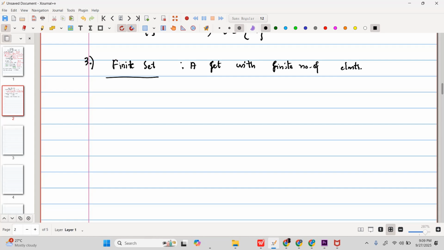We can count them and say it is a set with 500 elements, or a set with 1000 elements. So we can fix a number to count the elements in a set. If we can express the number of elements as a finite number, then it is called a finite set.